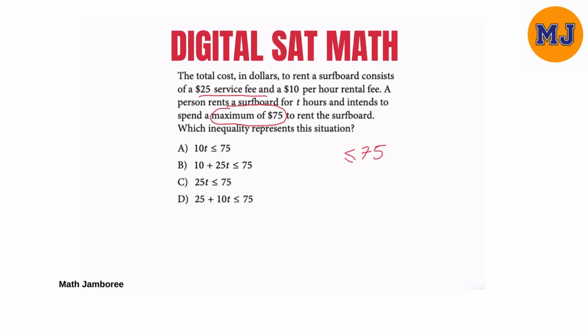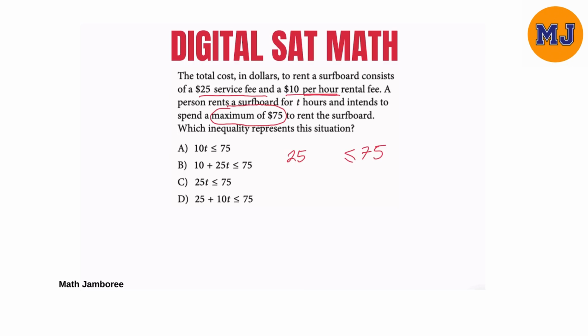On the left side, we have $25 for sure, fixed. And if you rent this for 2 hours and you're paying $10 per hour, then will we multiply t by 25 or 10? Think about it. If you just rent it 1 hour, you pay $10.